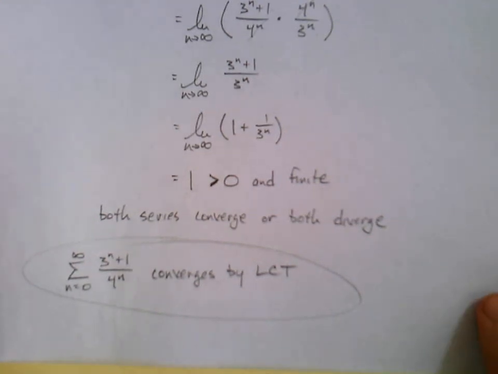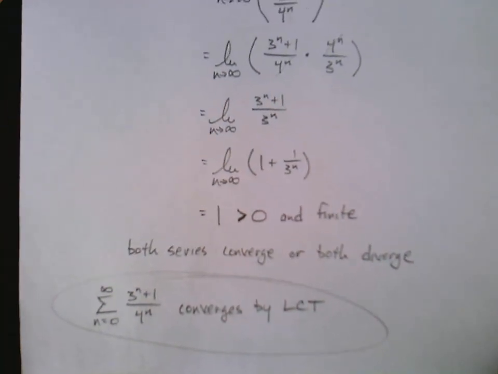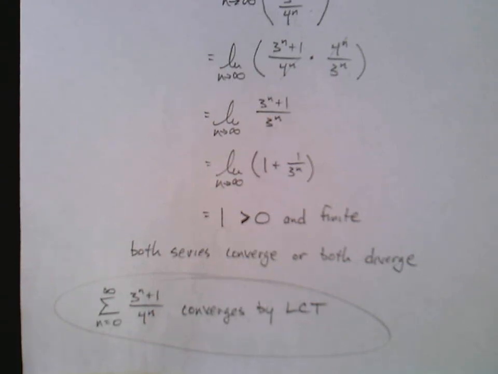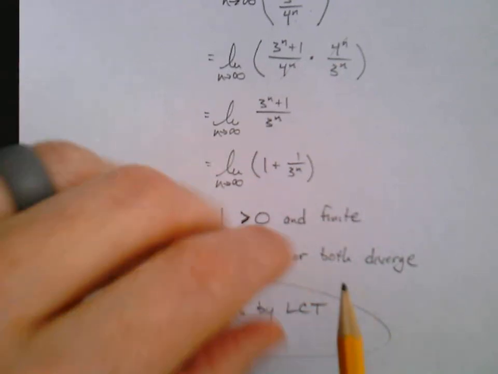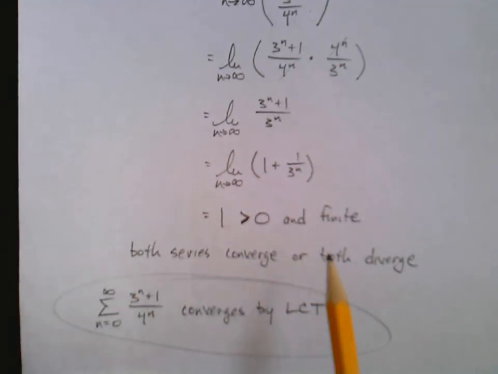Now, I know we've gone kind of long on this video, just the nature of these problems. There's a lot of steps to them. Again, the moral is try DCT first, and if the logic doesn't match up the way it should for DCT, fall back on LCT. You've already done the hard work, if you will. You just got to take that limit.